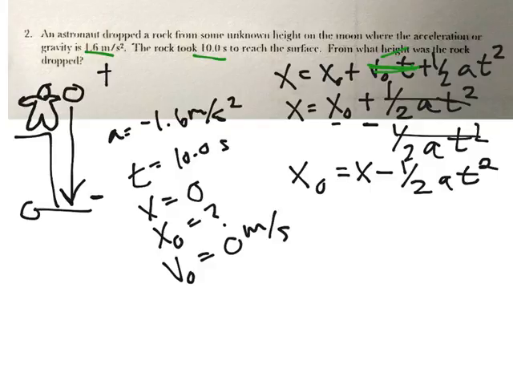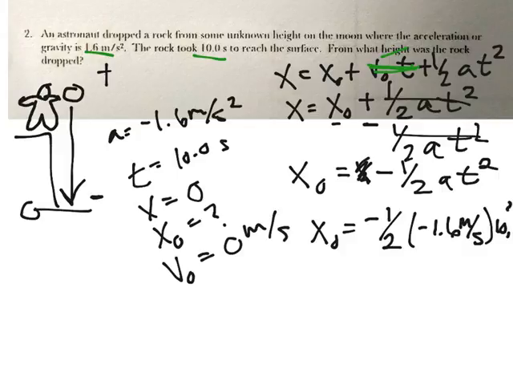So x naught, we have no idea, so this stays x naught. Oh, our x is 0 anyway. We don't care. So now we're going to have a negative 1/2. Our acceleration is negative 1.6 meters per second squared. And the time is 10 seconds, and it is squared. So if you square a 10, you're going to get 100 seconds squared.